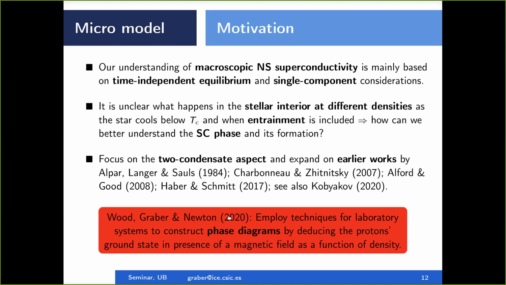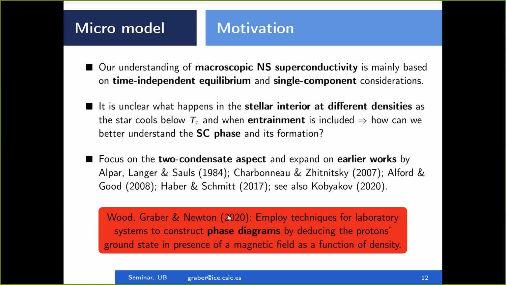And they didn't consider this in a time dependent picture, but everything is a ground state consideration. So we don't really know what happens in the stellar interior at different densities if we include the coupling between the protons and the neutrons, and what happens as the star goes dynamically through the transition temperature. Okay? So we don't really understand what the superconducting phase diagram looks like, or how the superconducting phase is actually formed.